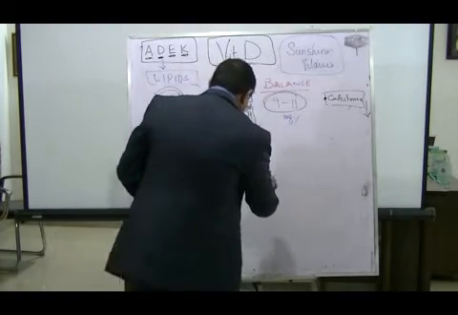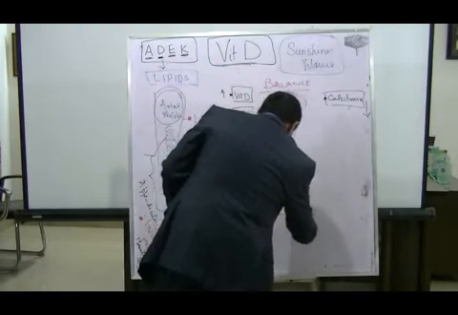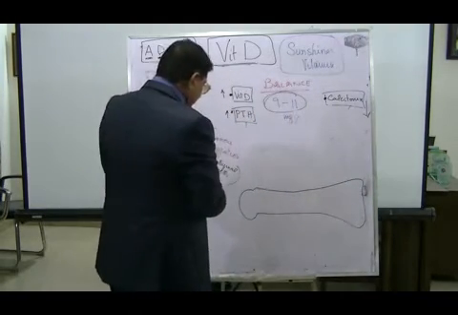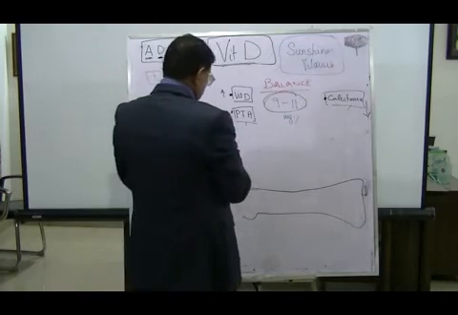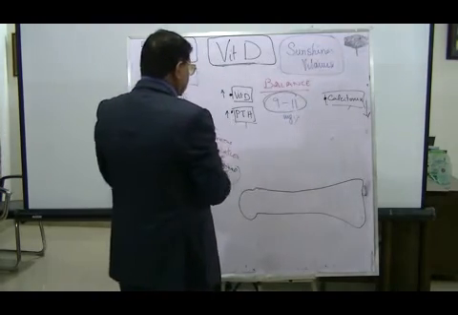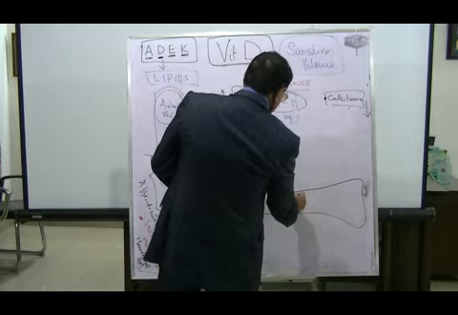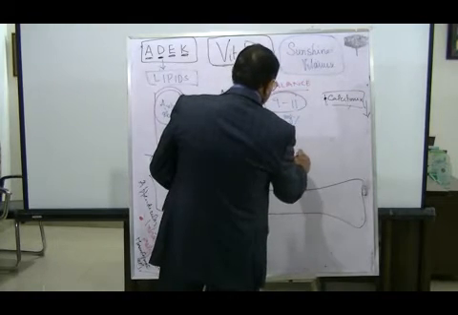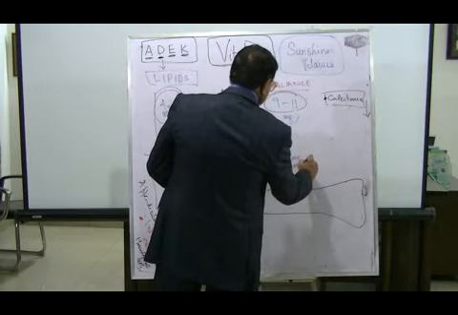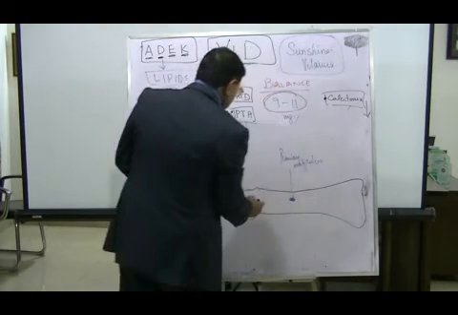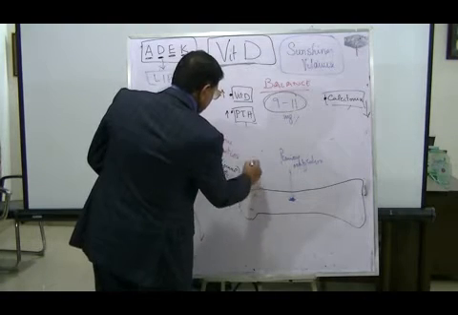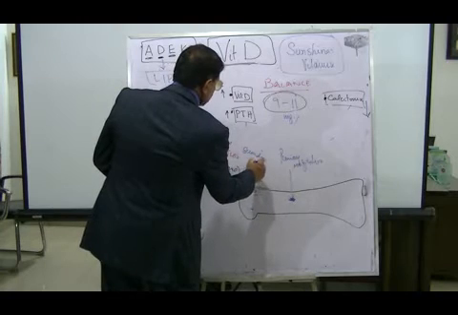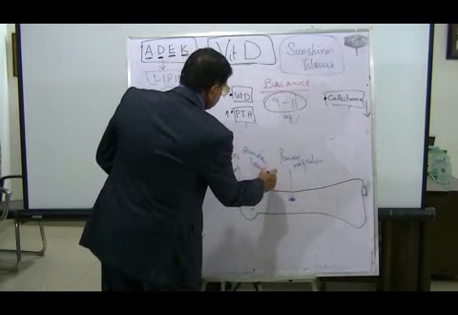Supposing this is the bone, now what happens is that an ossification center appears over here. This is called the primary ossification center. Then certain other ossification centers appear. These are called secondary ossification centers.